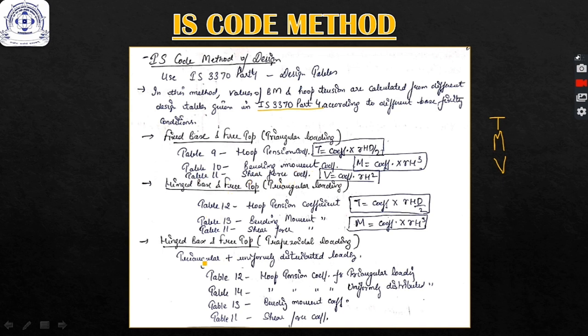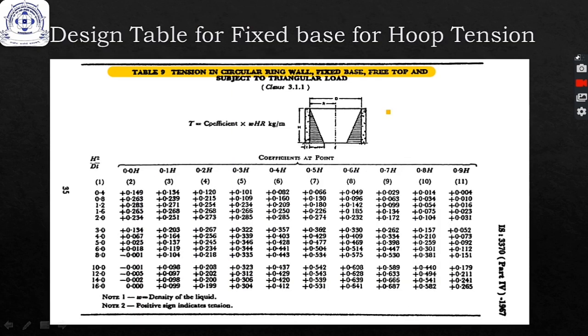Similarly, for each case we have different tables, and I have summarized these here. Sorry, these are for hinged base and free top. So as you can see, tables number 9 to 14 can be used for circular tanks with rigid base, or fixed base, or flexible base. What we have in these tables I will show you in the next slide.